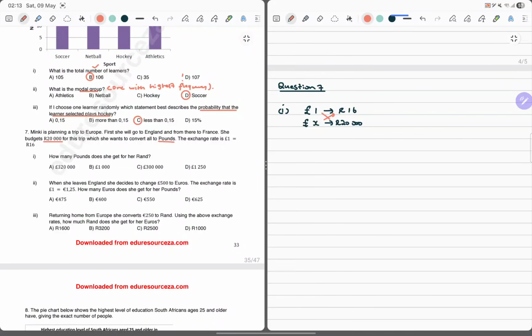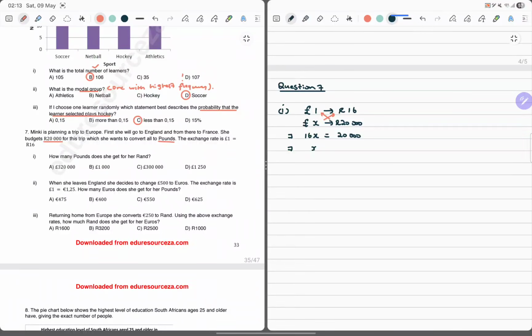Now let's do cross multiplication. As you can see, this technique takes you through some serious problems. Now we've got 16x is equal to 20,000. Now we want to know the x, isn't it?